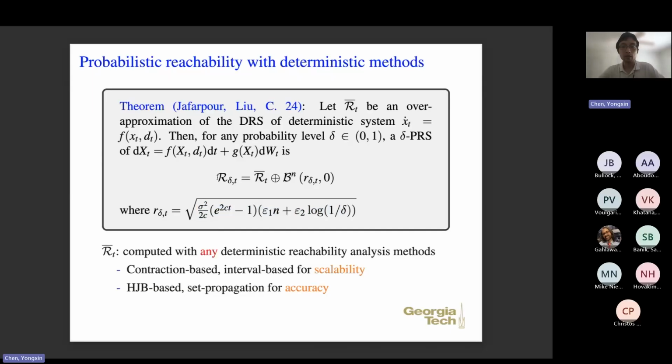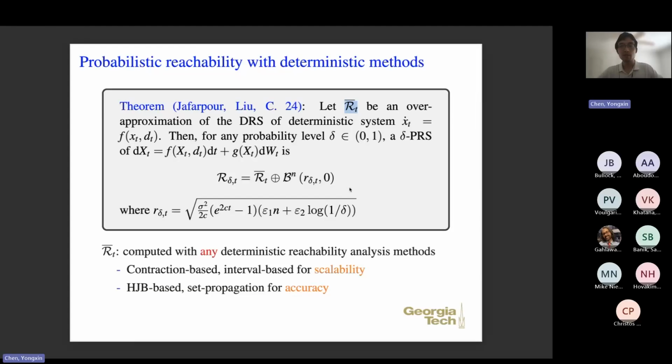Then you can conclude this is a delta probabilistic reachable set of this nonlinear stochastic system. Depending on what method you use for the deterministic estimation of this RT bar, you can get different types of results. You can get a tighter result with more computation, or you can use a more scalable and faster method, even real time. So this is the general recipe we would like to provide.